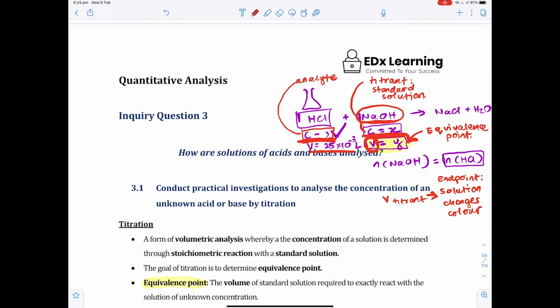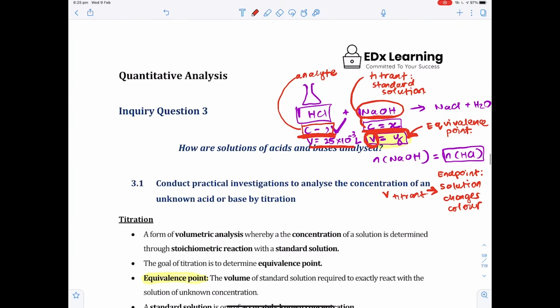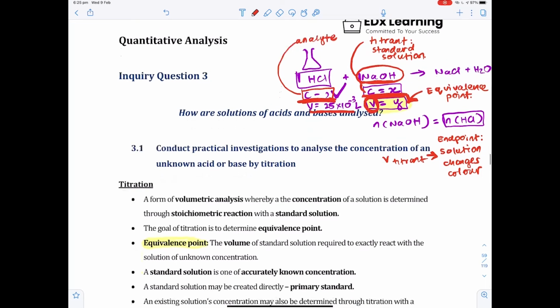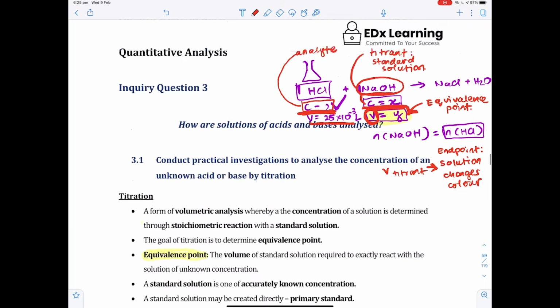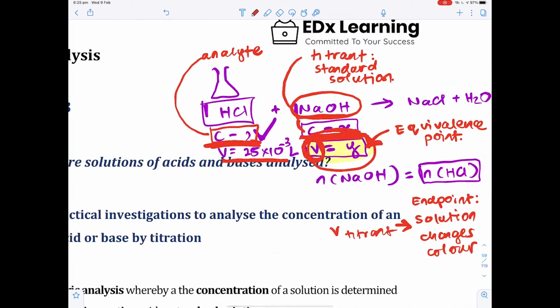Now, the goal of titration, and I should have written it here as well, is we want our endpoint to be as close to our equivalence point as possible. Does that make sense? We want the volume of titrant that completely reacts with our analyte, this volume here. We want that volume to be the exact same as the volume required for our indicator to change color.